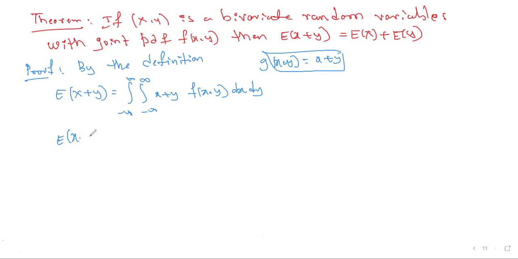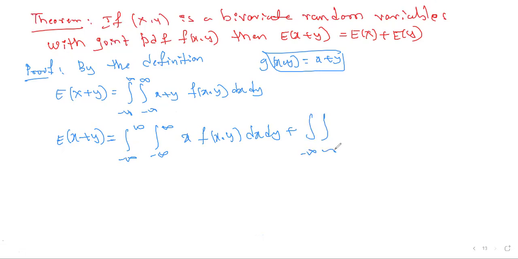So the expected value of x plus y is the double integration from minus infinity to infinity of x f of x comma y dx dy plus the double integration from minus infinity to plus infinity of y f of x comma y dx dy.